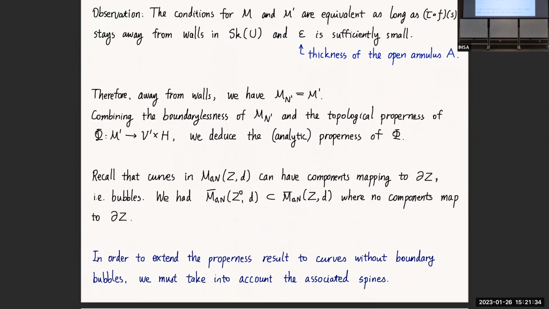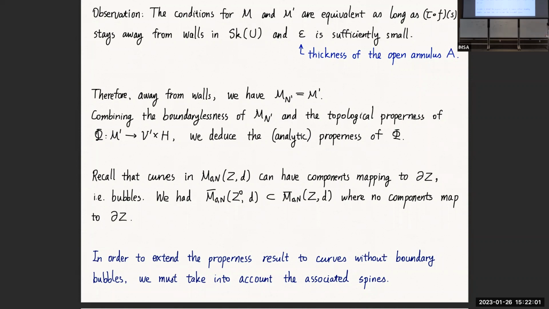Now I want to talk about the result to eliminate these bubbles. So now we want to extend the properness result to curves without these boundary bubbles. In Floer homology and symplectic geometry, people worry a lot about bubbles.